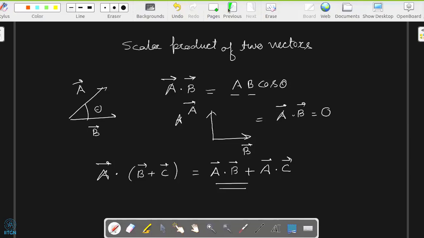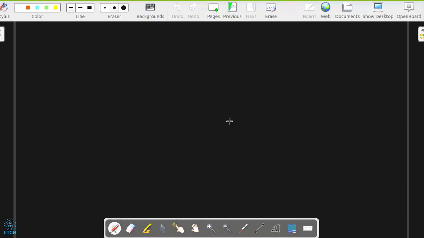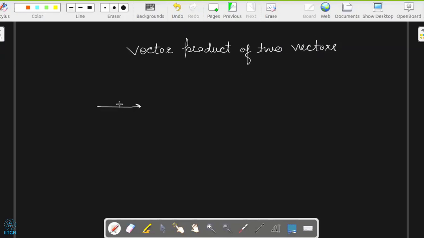Now, if we move to the vector product of two vectors, again we are having two vectors, A and B. Here A cross B is denoted by the term cross, and this is the vector product.